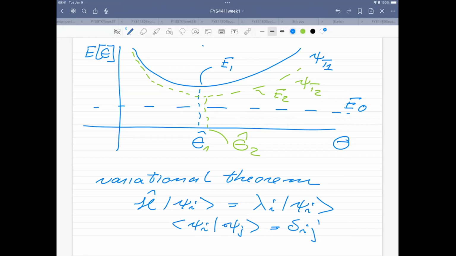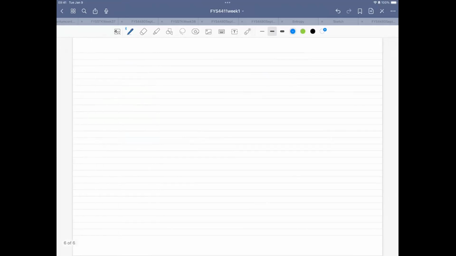Good. So with that, when you have a complete basis, I can always define a new function, which is a linear combination. And in principle, this basis is an infinite basis. But you will always make a truncation.